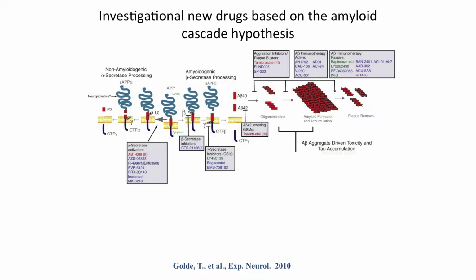This includes bapineuzumab, which is the antibody that failed in the clinic last year, and it includes solanezumab, which also failed. Bapineuzumab was from Johnson & Johnson, and solanezumab was an Eli Lilly compound. So all of these things have failed, except for semagacestat, which was actually spectacular because it was the first disease-modifying therapy, but the bad news was that it was bad for the patient because it made the disease worse.